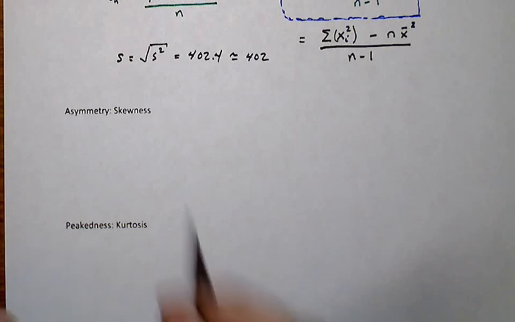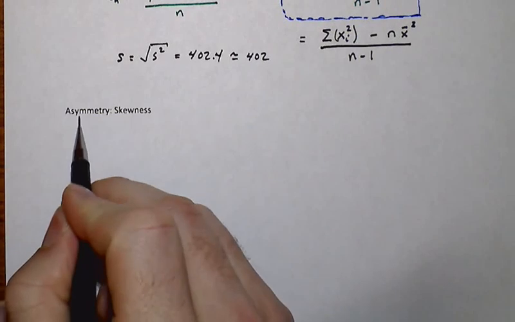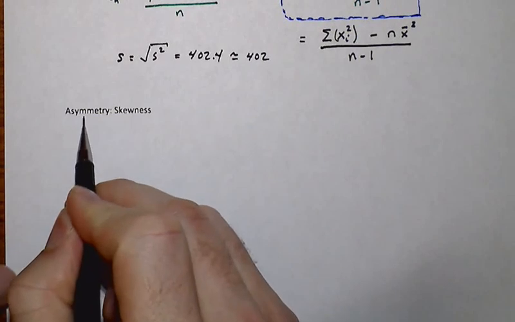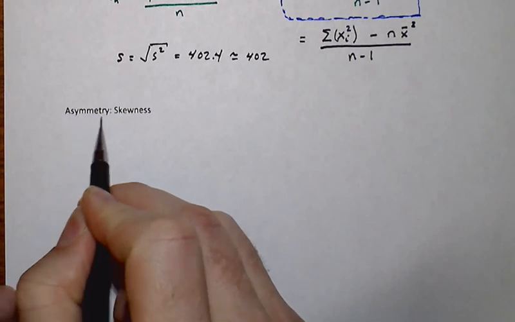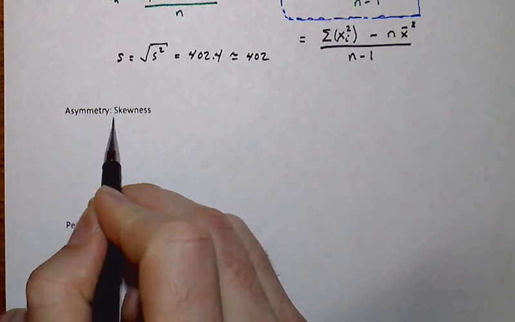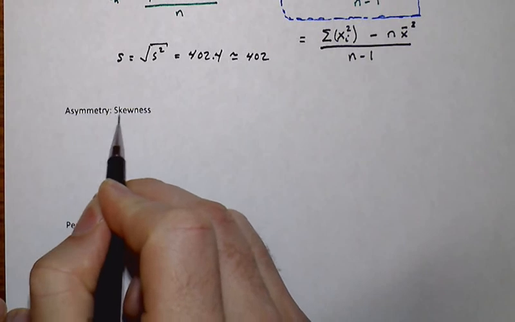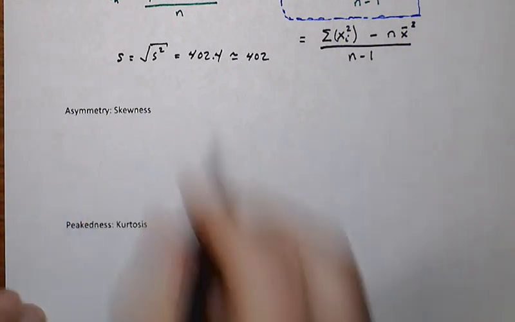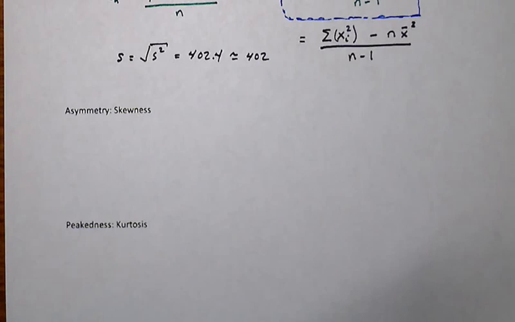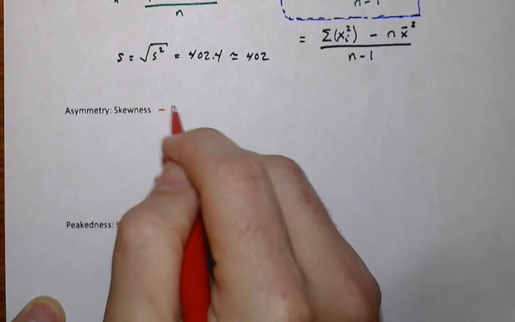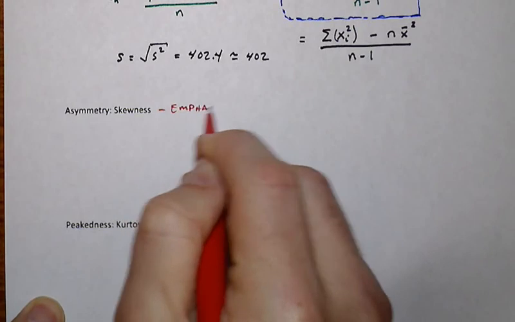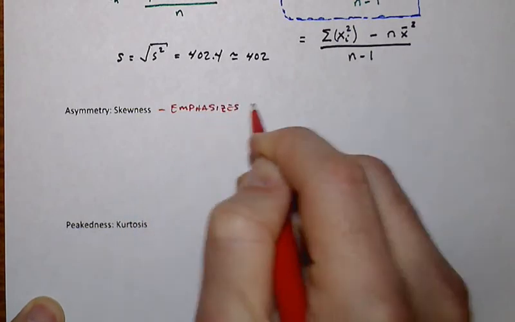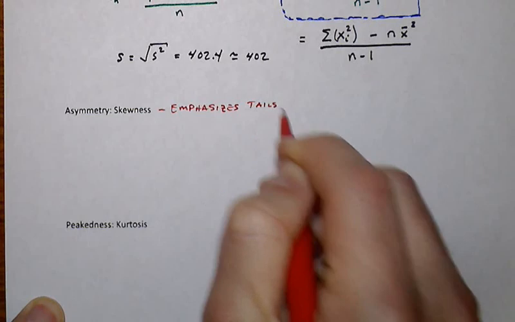This notion of asymmetry of the histogram of the data that we've collected, which is also true of population or probability distributions, we capture with the measure called skewness. And we're going to emphasize here what happens out in the tails, far away from the mean.